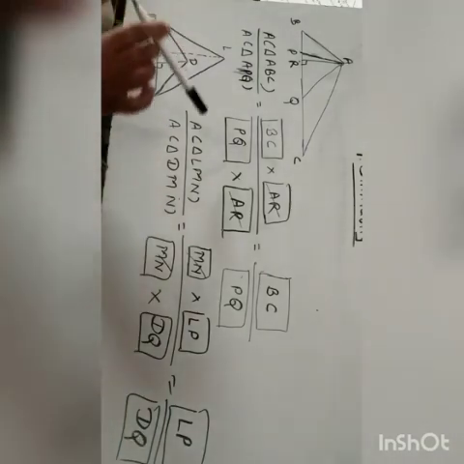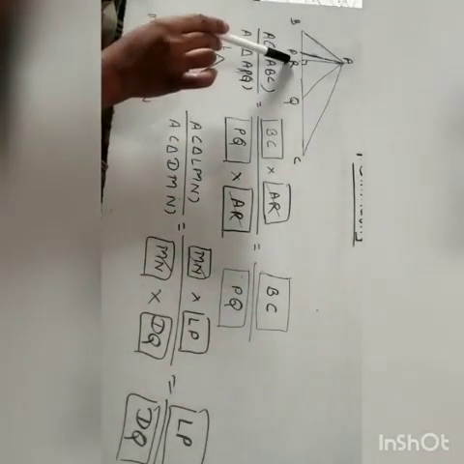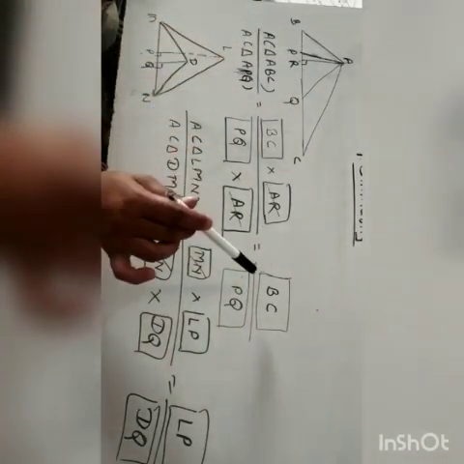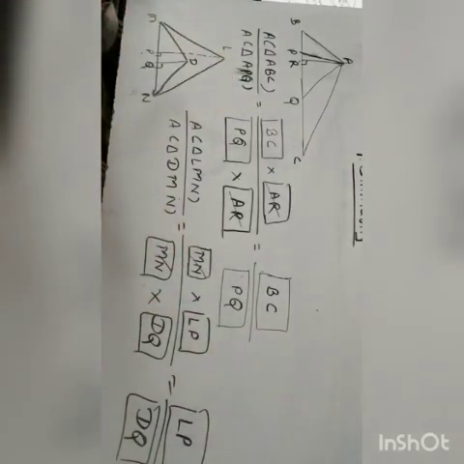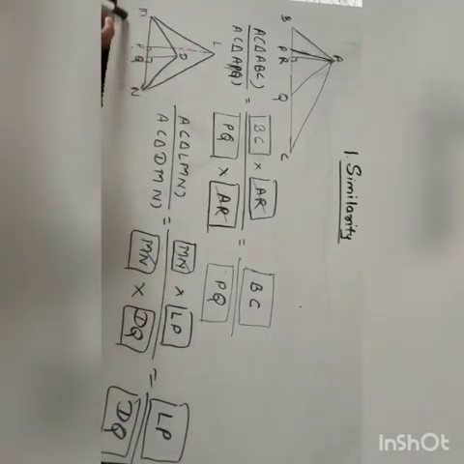From this also we can say that the ratio of areas of two triangles with equal heights is equal to the ratio of their corresponding bases. So BC and PQ are the bases of those triangles. And for triangles LMN and DMN, the base is the same. So by the property we know that the ratio of areas of two triangles with equal bases is equal to the ratio of their corresponding heights.